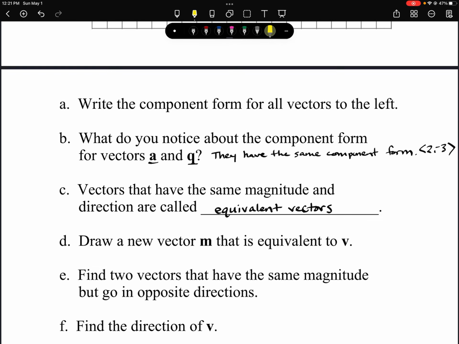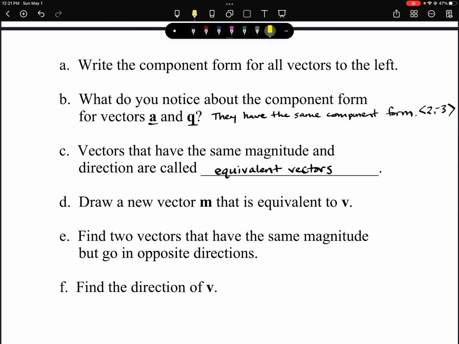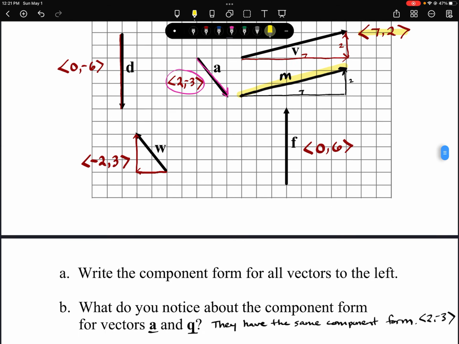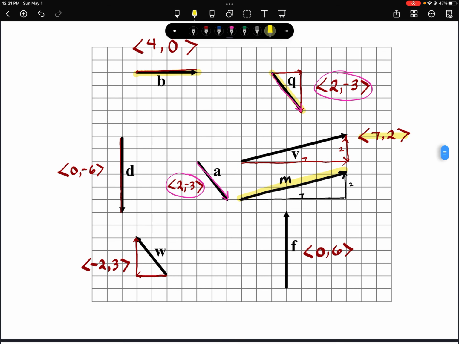Alright, so we got that one, and then it asks us to find two vectors that have the same magnitude but go in opposite directions. We could say here, if we look at W and A, they would have the same magnitude, they're the same length, but they're going in opposite directions.